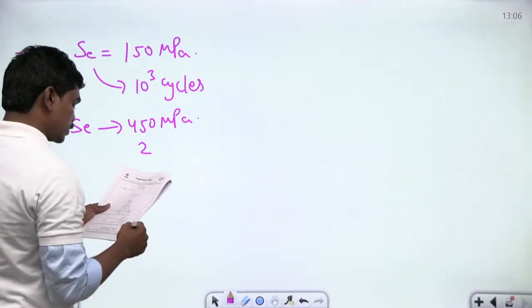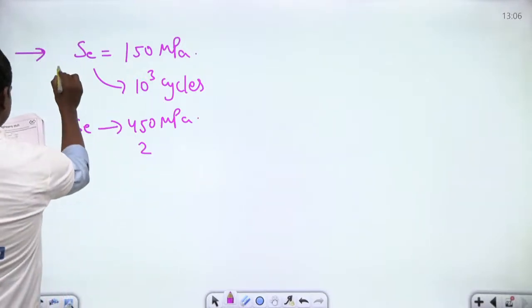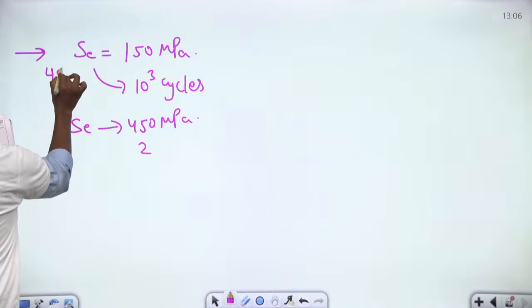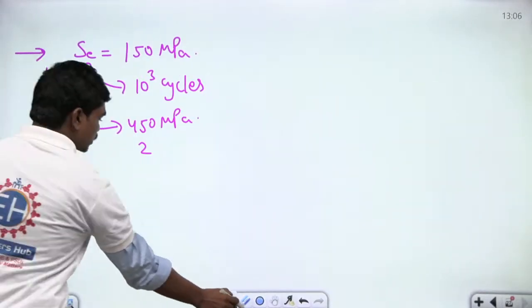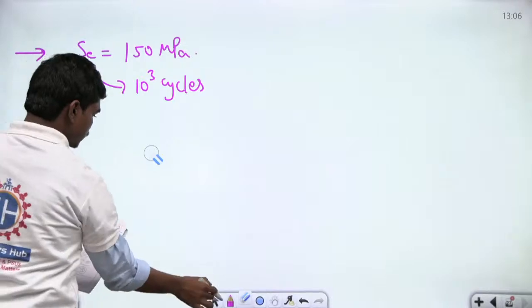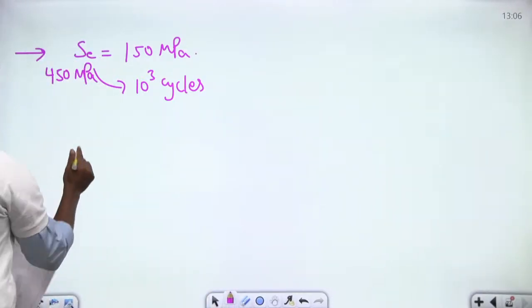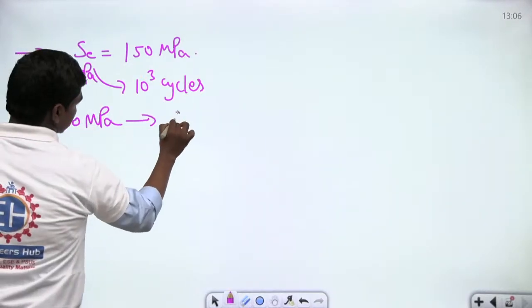They are asking for the number of cycles for plus or minus 200 MPa. So for 200 MPa, what is the total number of cycles? This is what they are asking you for.